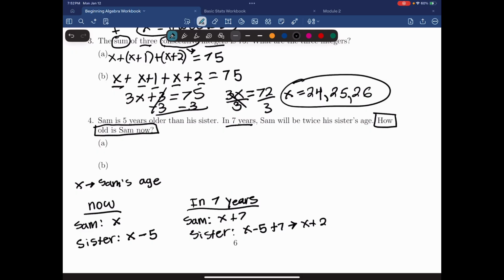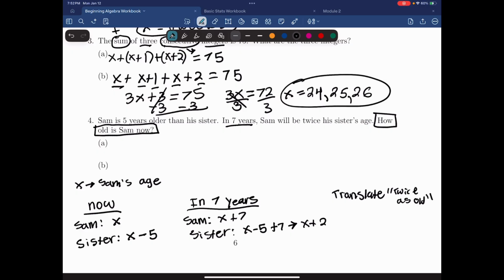Now, the last step we want to do is translate "twice as old" into math, or mathematical algebraic expressions.